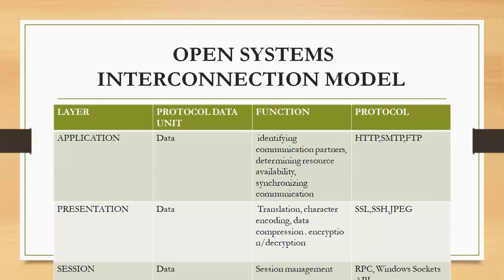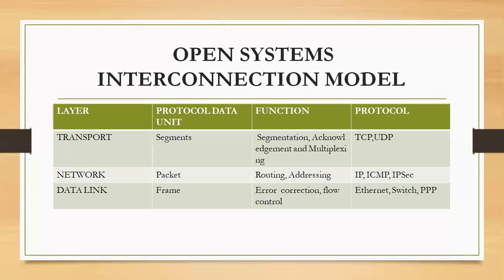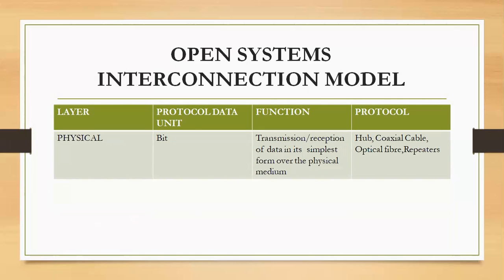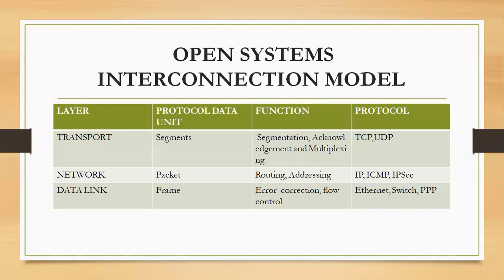So A for Application, P for Presentation, S for Session, T for Transport, N for Network layer, D for Data link, and P for Physical. So All People Seem To Need Data Processing, and that will make your life easy. You can easily remember the 7 layers of the OSI through that.